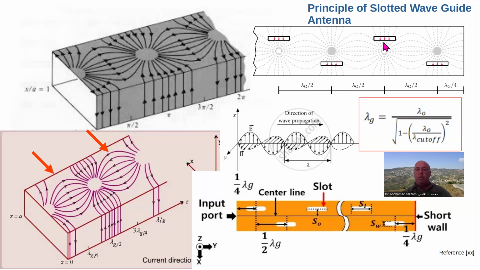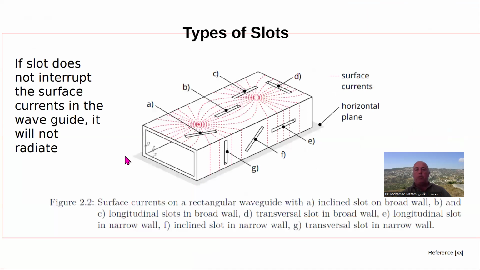We vary that based on a window function, and the window function can be Chebyshev, Taylor, or binomial. And you will end up with a symmetry, because the sin x over x, as you know, from the middle, from 0 degrees onward, is an exact replica of the other side. So you end up with slots being distributed and tapered to one side, and the other side equally and similarly.